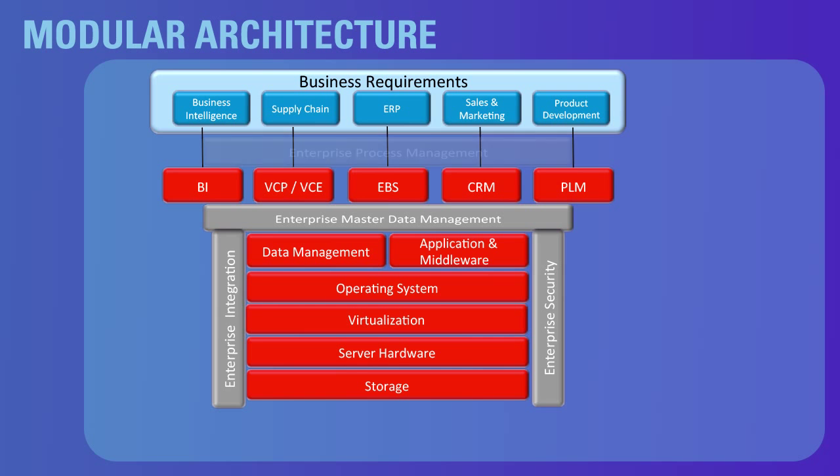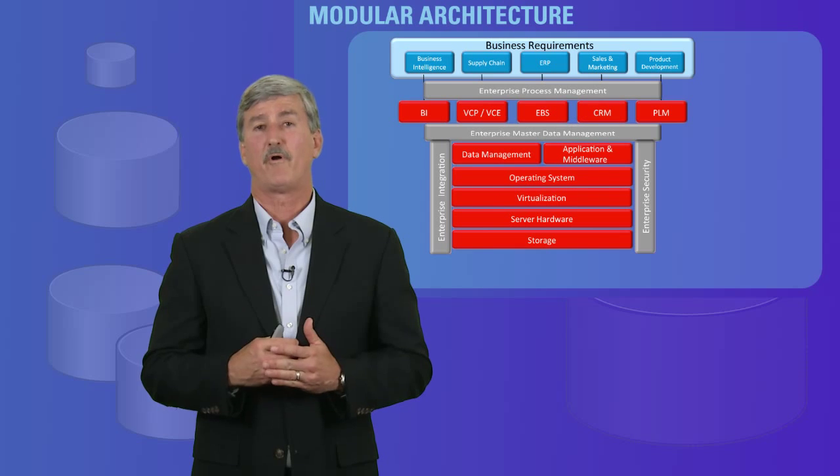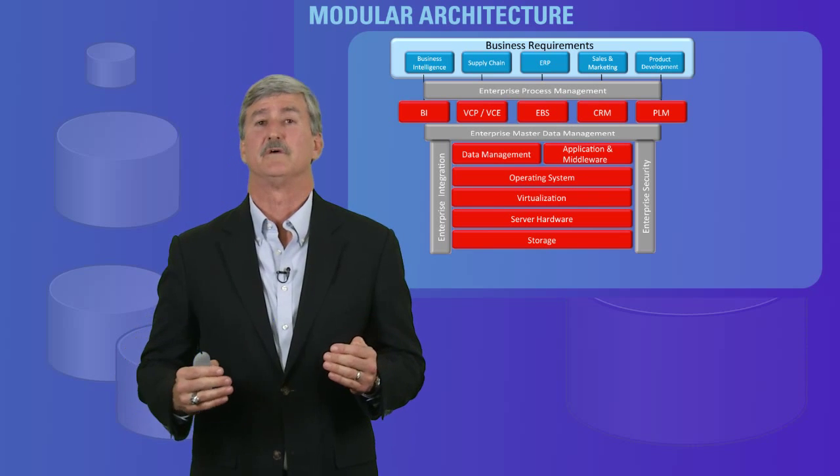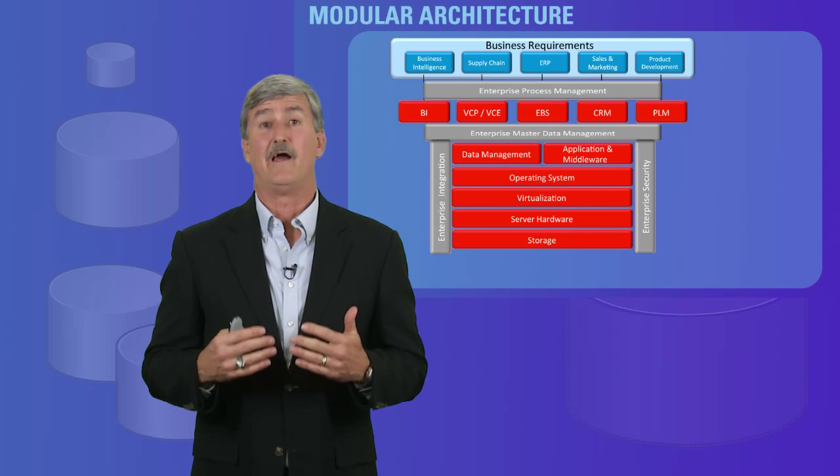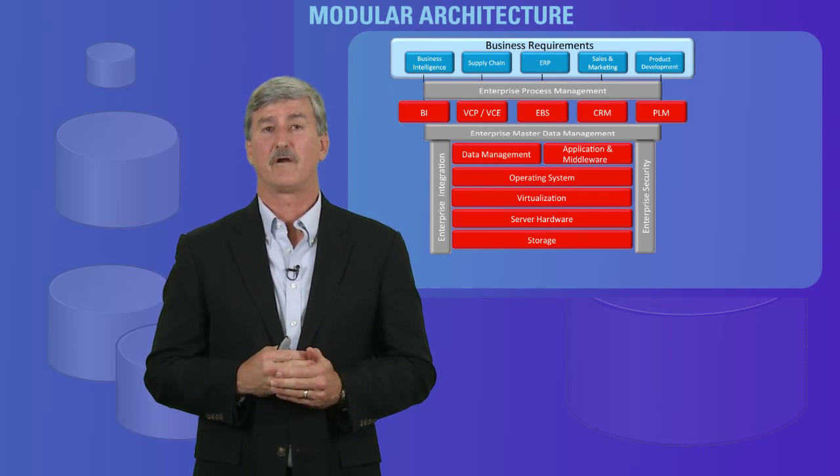And the last piece of the puzzle is enterprise process management, which is working toward common processes across multiple business units. And you can get great economies of scale throughout the organization by doing this.